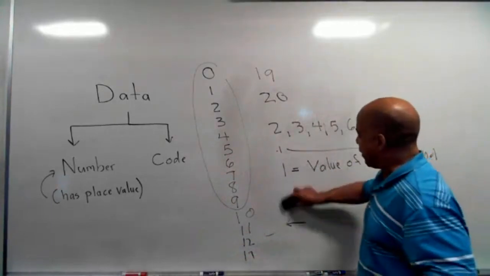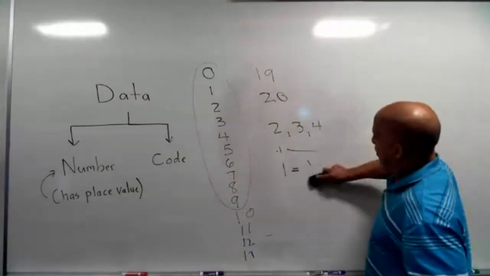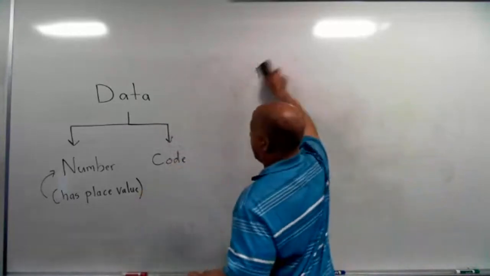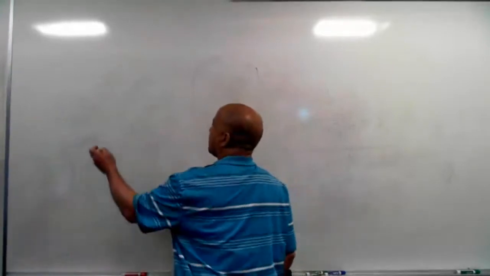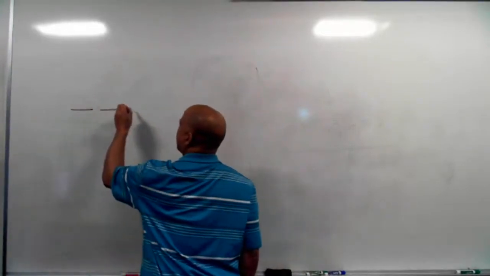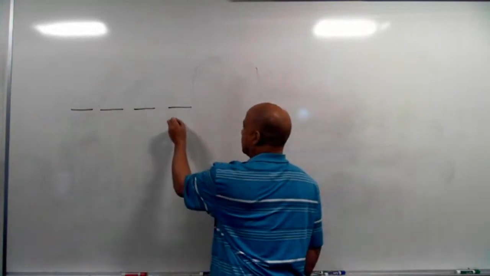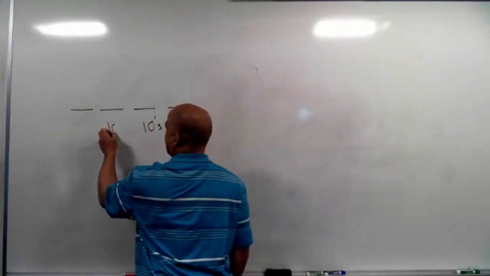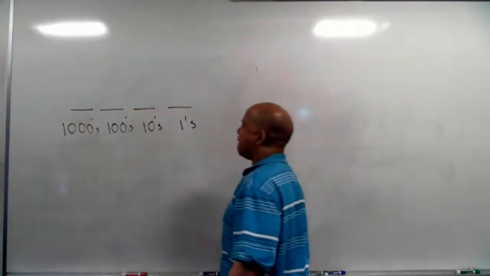Somewhere along the line, probably like second grade, you learned about place value. So let's talk about place value. For base 10, we'll just do 4 places. Maybe in second grade they taught you that this was the ones place, tens, hundreds, thousands, and so forth.